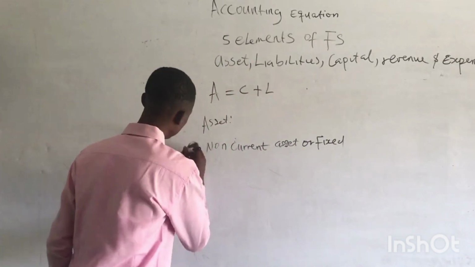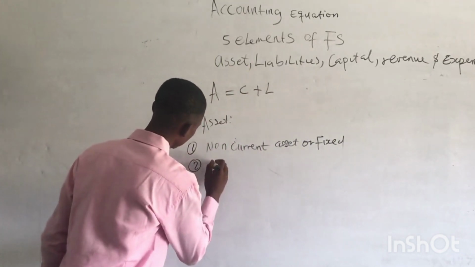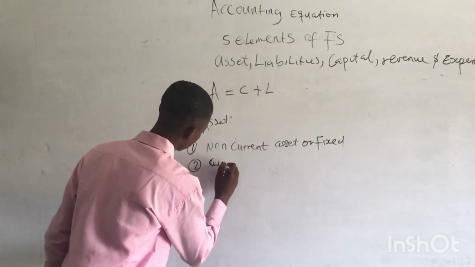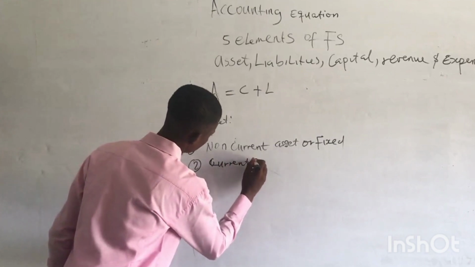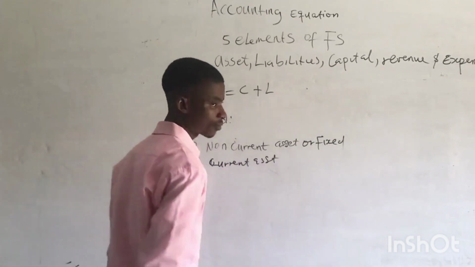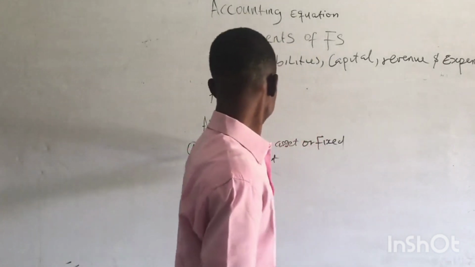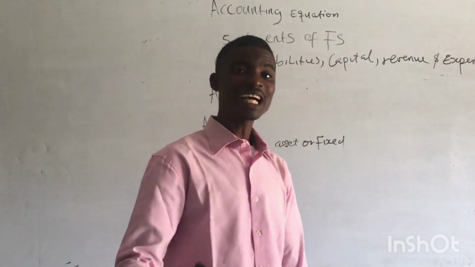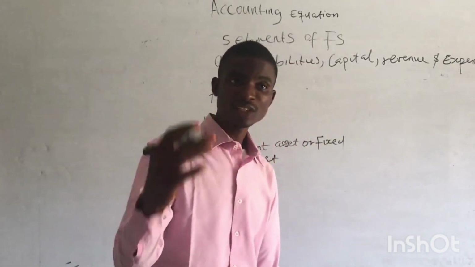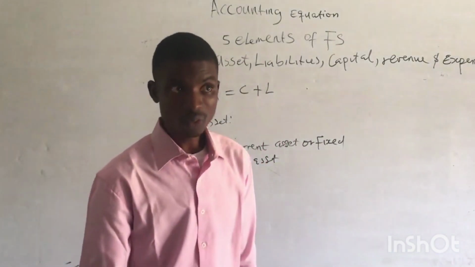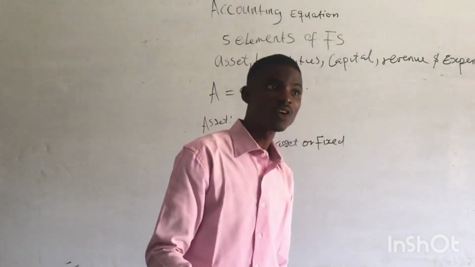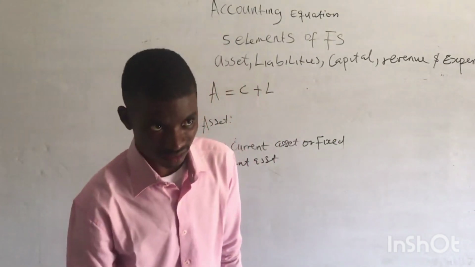Number 2, we also have current assets. Non-current or fixed assets are those assets which are expected to last long in a business, which are expected to be used in a business for more than one financial period.